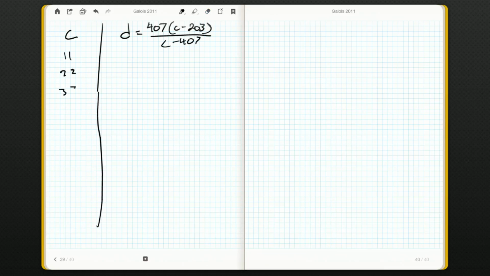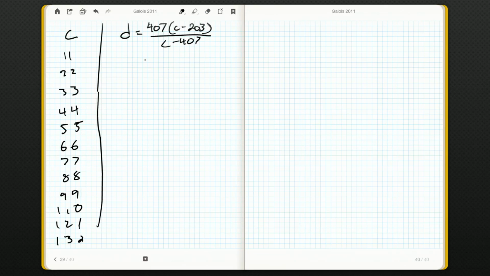So 11, 22, 33, 44, 55, 66, 77, 88, 99, 110, 121, and 132. Okay. So this was already 197 and 1/3. What happens if I plug in 22? Well, 22 minus 203 is negative 181, divided by 22 minus 407, multiplied by 407.